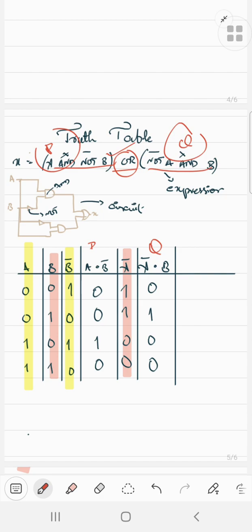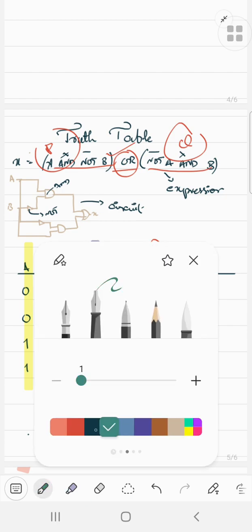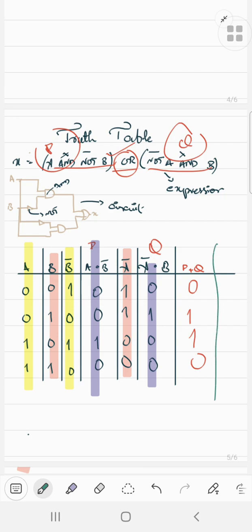You denote it with a simple letter, P plus Q. Okay, we'll be adding it. 0 plus 0 is 0, 0 plus 1 is 1, 1 plus 0 is 1, and this will be your final output, that is output X. X is equals to 0 1 1 0.